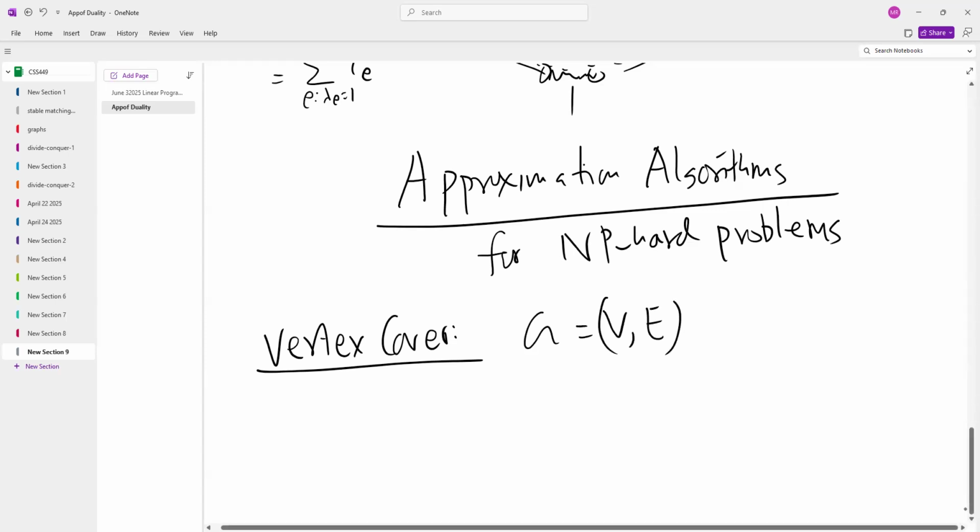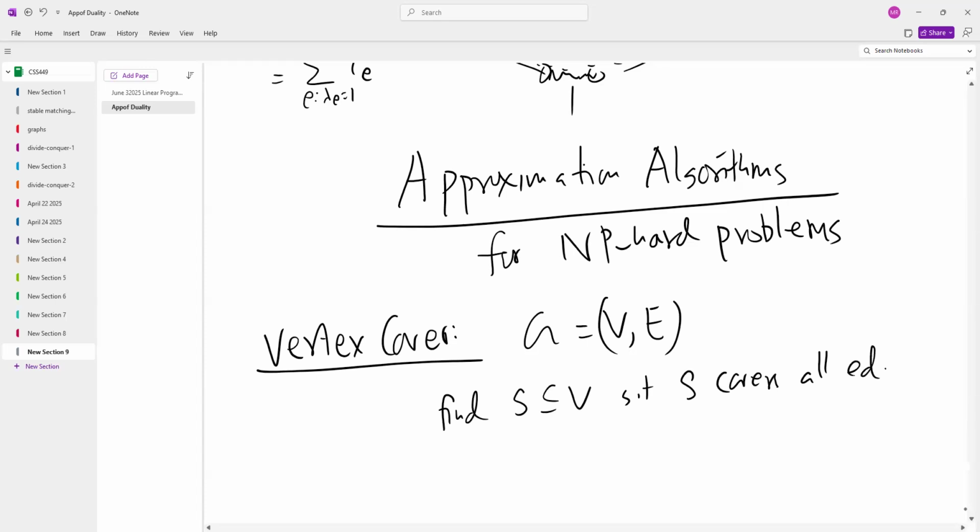And we want to find a subset S such that S covers all edges, right? It's the smallest set of vertices such that for every edge, at least one endpoint is in that set, okay? And now, let's say for a particular graph, the optimal vertex cover turns out to be 3.